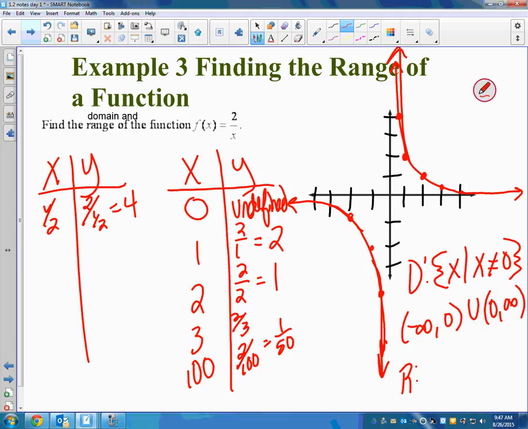Can we ever get this equation to equal 0? We can't, which means there's also a horizontal asymptote, and you learned some rules of that last year, and we'll go through them again eventually in this chapter of how you can tell the horizontal asymptote. But that means the range is exactly the same as the domain on this. The y can't equal 0. But if you're going to write that in set notation, you have to use y and not x, right?